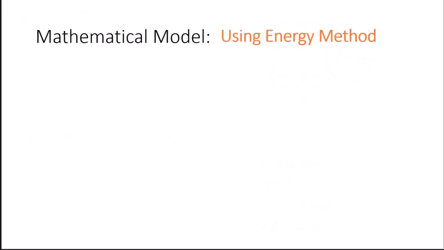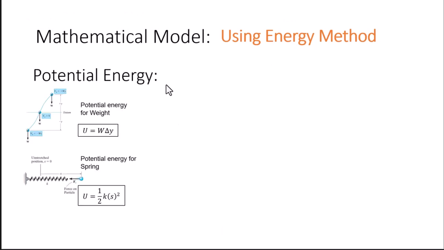We can also use the energy method to get the equation of motion. We reviewed already that the potential energy of a mass will be positive if I'm above the reference or datum, and will be the weight times the height, or will be negative if I am below the datum. In the case of a spring, the potential energy is always positive, is 1/2 the constant of the spring times the stretch squared.